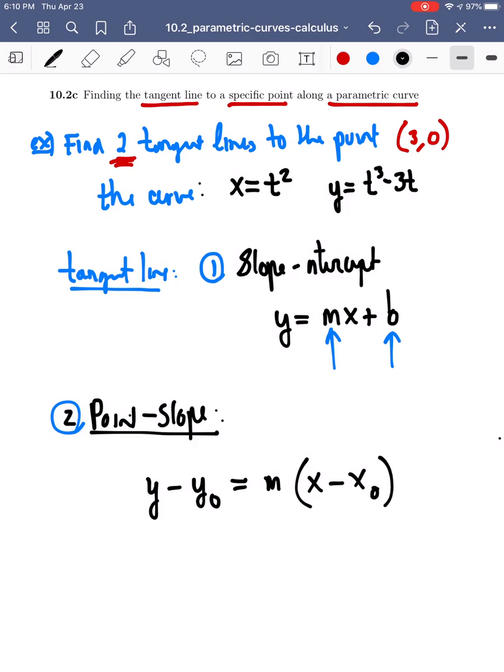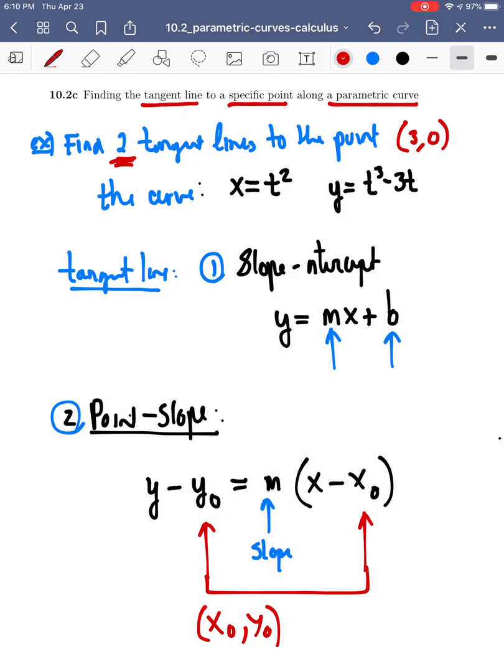Let's make sure we're on the same page. m, that's still our slope, the slope of the line. y0 and x0 is a point along the line that we're finding the tangent line to.